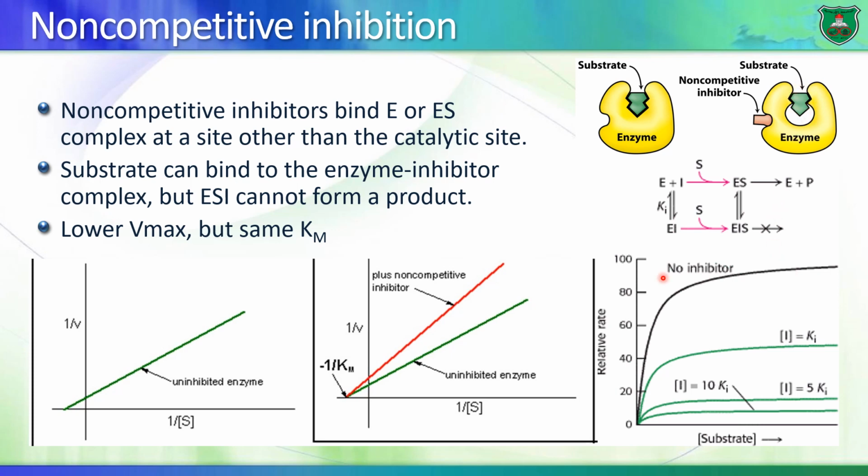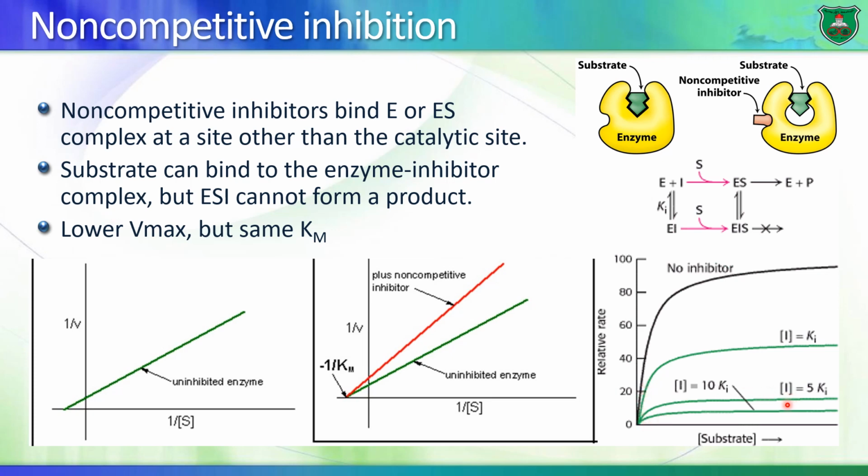So if you look here, that's 100, look at 50%, go there, go down. We're talking about this point right here. Now in the presence of inhibitor, Vmax is 50% less than normal. So go to 25, we're talking about this point, go down, same Km.